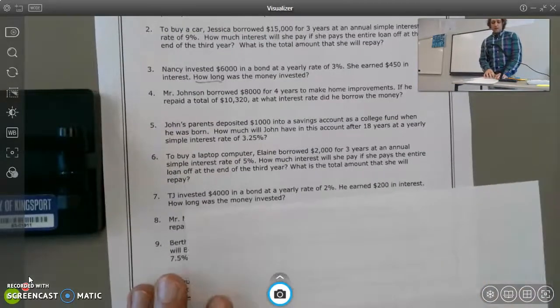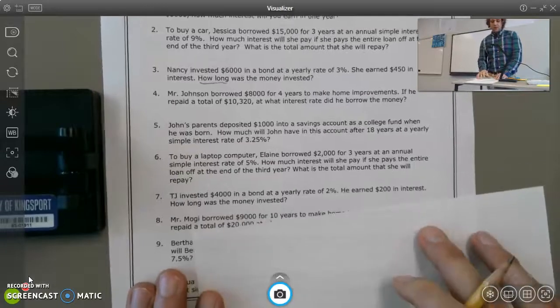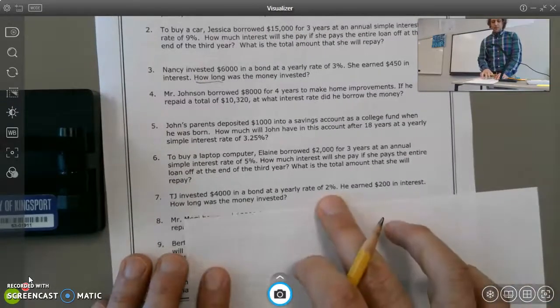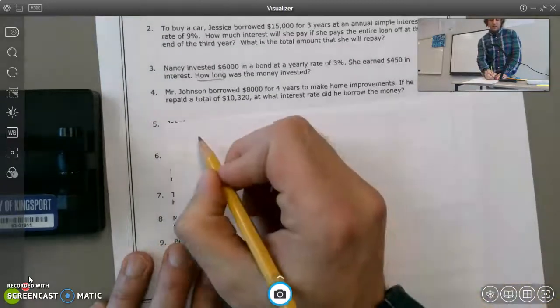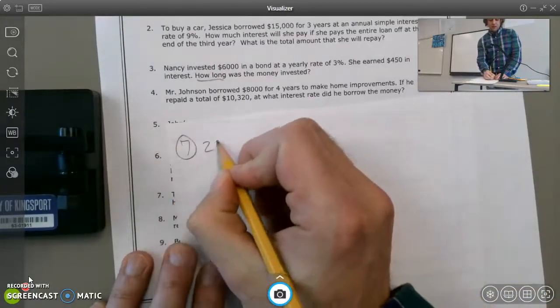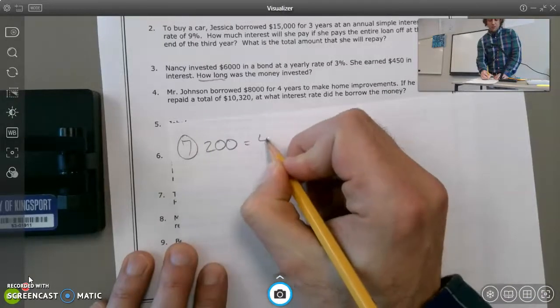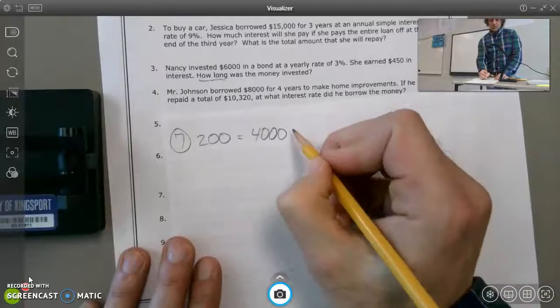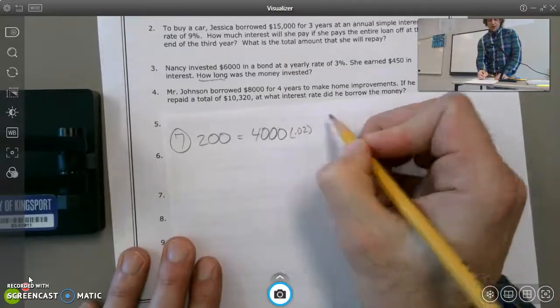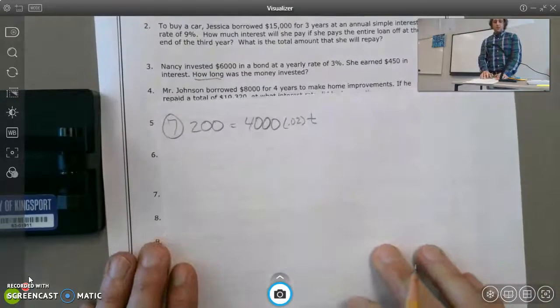Number 7, TJ invested $4,000 in a bond at a yearly rate of 2%. He earned $200 interest. What was the time? So 200 is our interest, 4,000 is our principal, 2% is our rate. Now we need to solve for t.